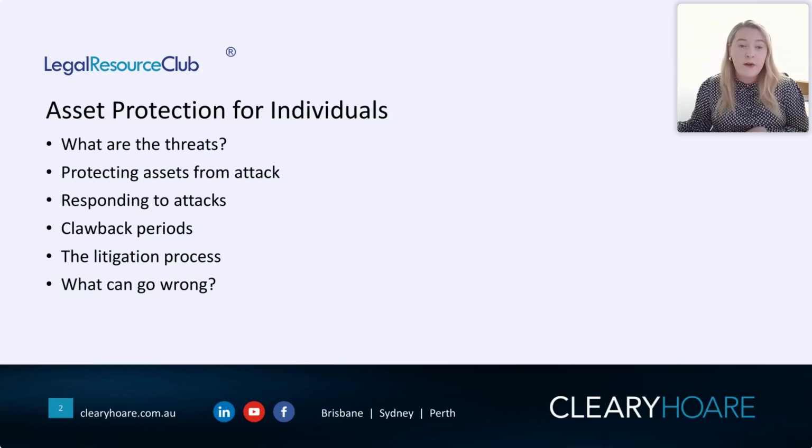We'll be touching on those. We'll be looking at how you actually enforce these types of strategies in the litigation process and how it actually plays out. And also we'll be looking at some of the things that can go wrong when trying to implement an effective asset protection strategy. And we'll be looking at a couple of recent cases in that regard.